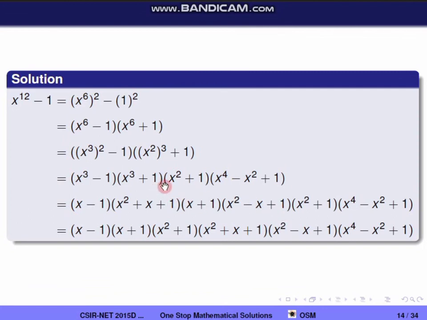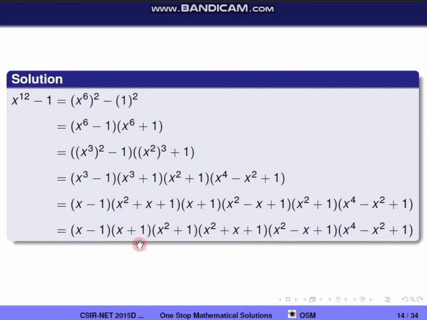Then write the remaining terms (x square plus 1) into (x power 4 minus x square plus 1). So when we rearrange and write it, this is equal to (x minus 1)(x plus 1)(x square plus 1)(x square plus x plus 1)(x square minus x plus 1)(x power 4 minus x square plus 1).